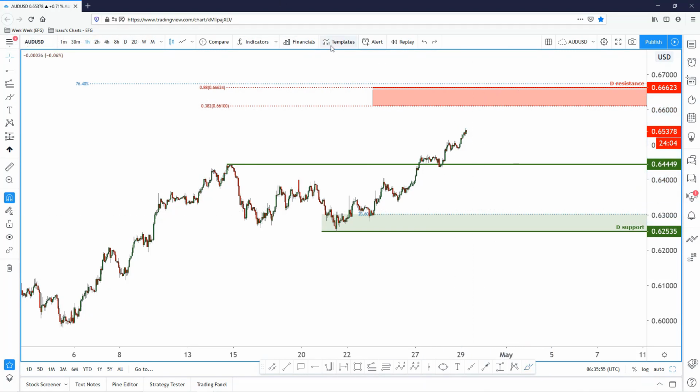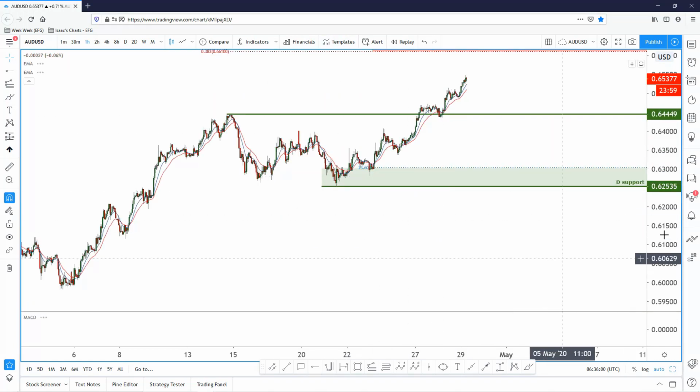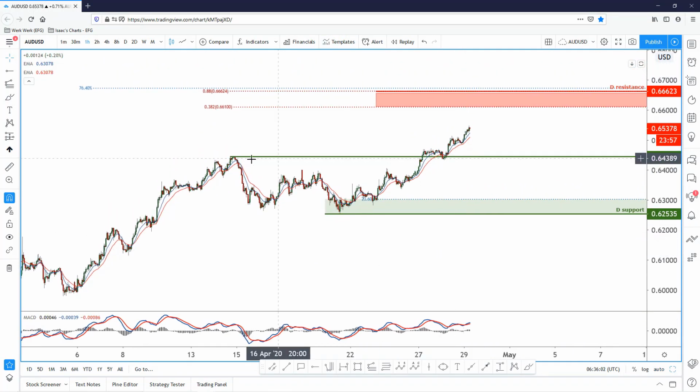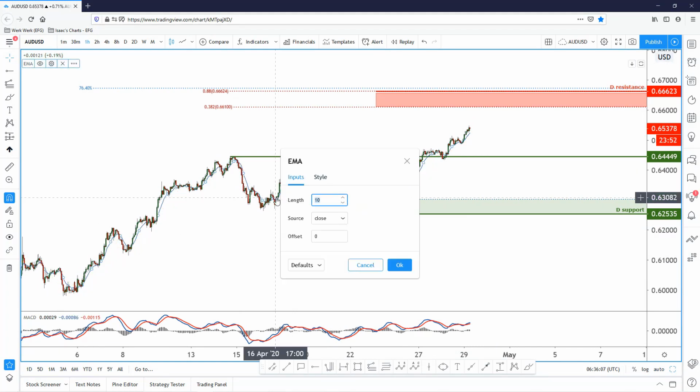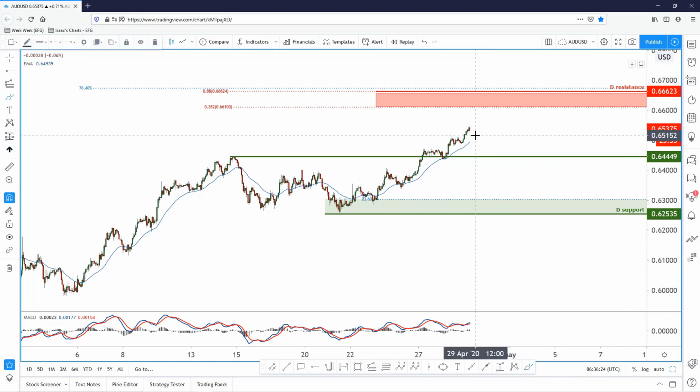And currently, if we were to pull out all the indicators that I like to look at, and adjust the exponential moving average to an arbitrary number of around 34, okay, we see that price is actually holding strongly above the moving average. Further, MACD is actually above zero in bullish environment. So this definitely confirms our bias that price could push up first to the daily resistance before making another push down to the daily support.